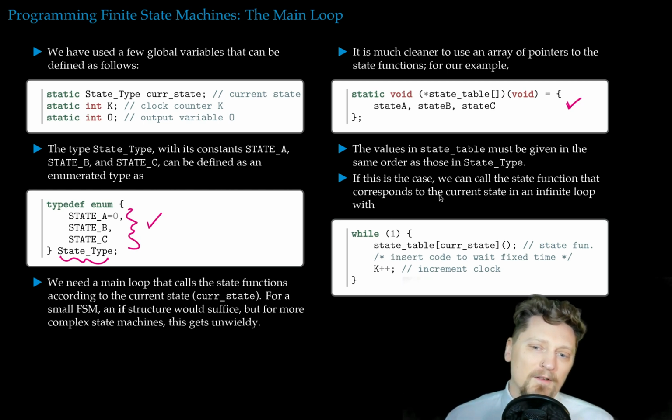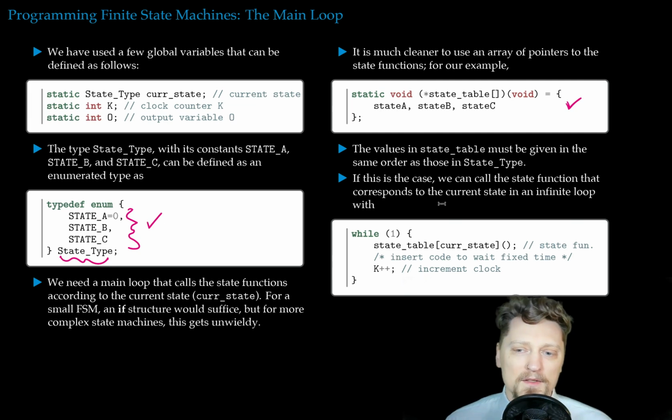Obviously, if the state functions take different amounts of time to call, then it won't be at a constant rate, but more or less at a constant rate depending on the relative amount of time that the wait will take. So we'll talk about the timing in the next section.